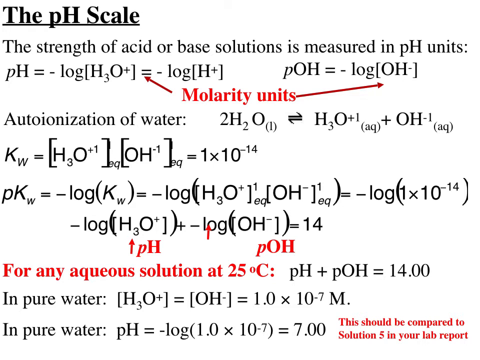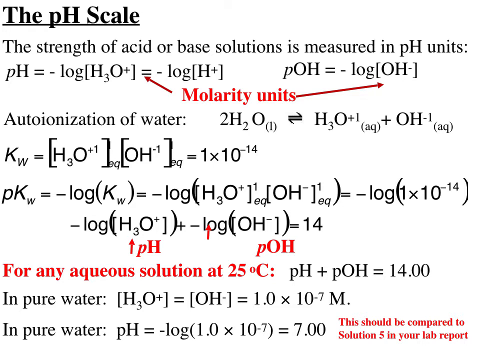What we're saying is, in pure water, the equilibrium concentration of hydronium and hydroxide is 1 times 10 to the minus 7, because 1 times 10 to the minus 7 times 1 times 10 to the minus 7 gives me the 1 times 10 to the minus 14. So if I wanted to write the molarity of H3O plus in pure water, or the molarity of hydroxide in pure water, I'd have to write the number 0.0000001. And again, we don't like to write that number, so what do we do?